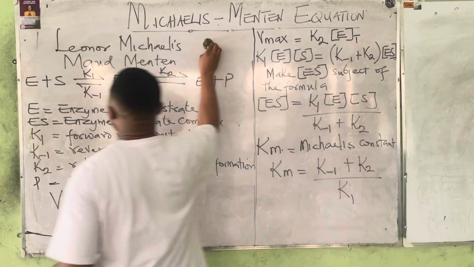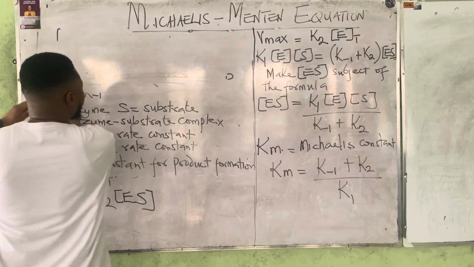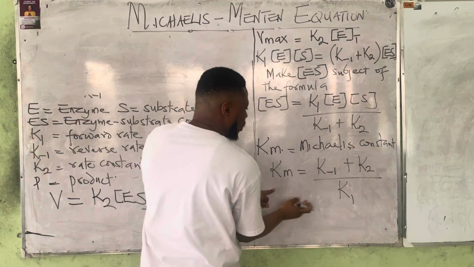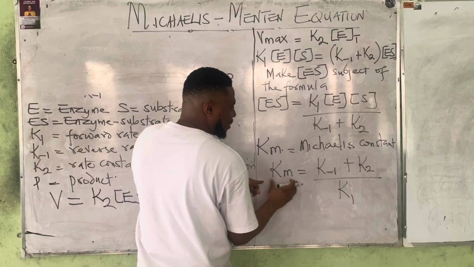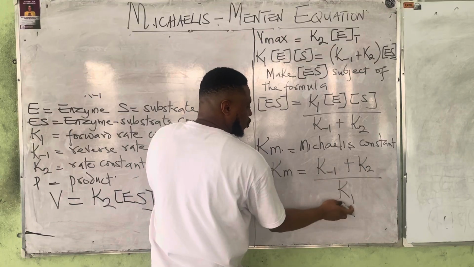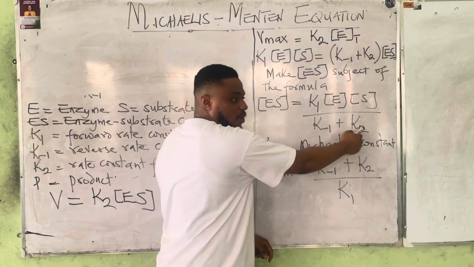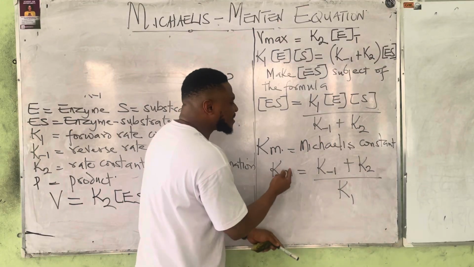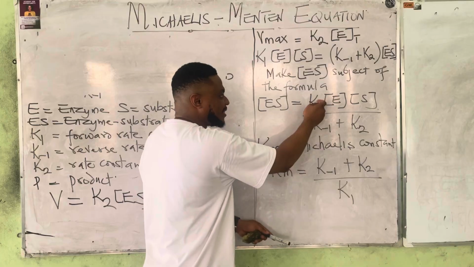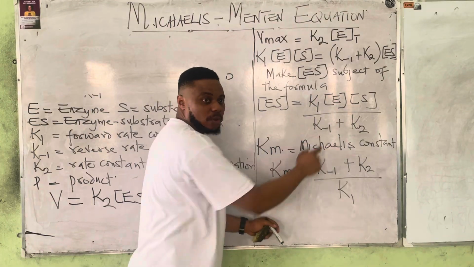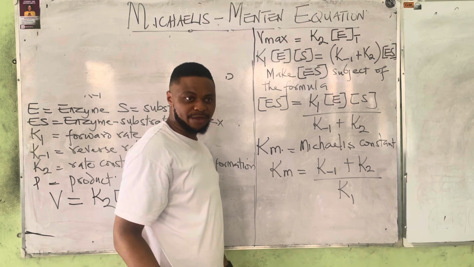Km is K minus 1 plus K2 all over K1. Can you see K1 over K minus 1 plus K2? Because this is the inverse of what you're seeing here, Km will be down. Are you following?